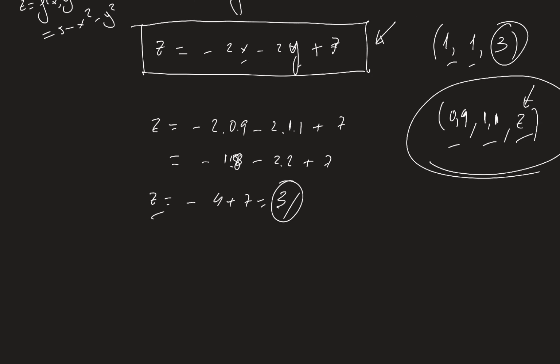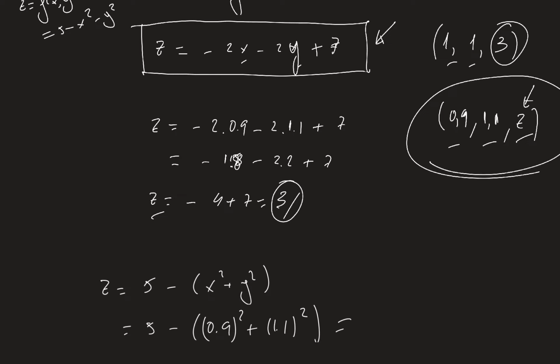Let's do it with the surface equation. z equals 5 minus x squared minus y squared. So z equals 5 minus 0.9 squared minus 1.1 squared.